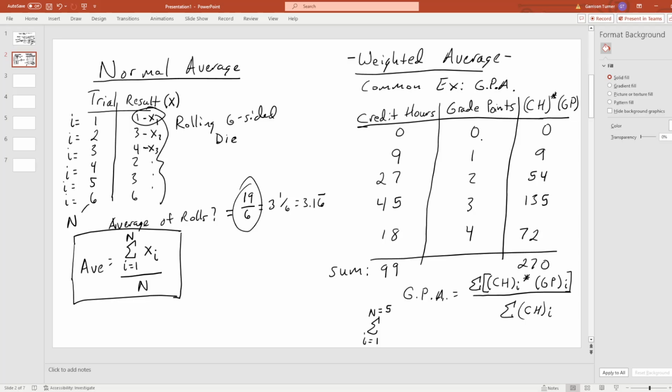But for simplicity, we'll just assume that our school is very simple and just uses pure letter grades. Now here I have my credit hours that correspond to the number of hours that I have earned at that particular grade. So what this means is that if I look at this first row here, or really this is the second row, and as a matter of fact, let's go ahead and index these.